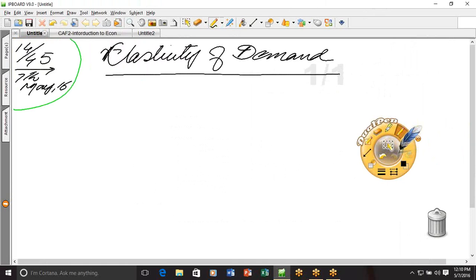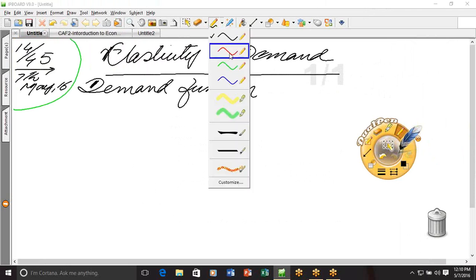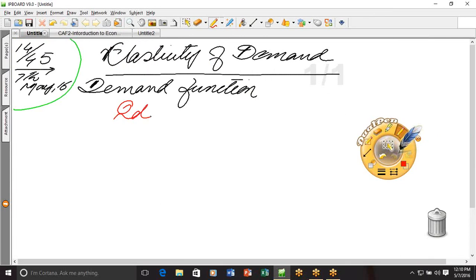In fact, law of demand states what? Just a simple demand function. That is, quantity demand is a function of price, and there exists an inverse relationship between price and quantity demand.